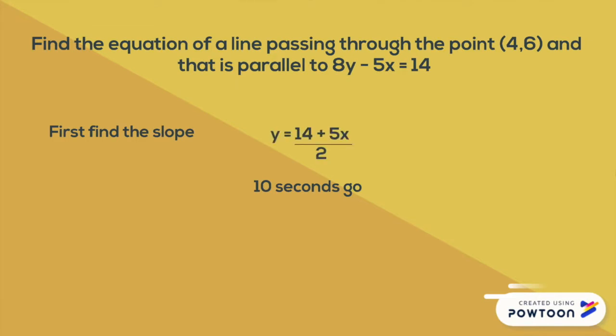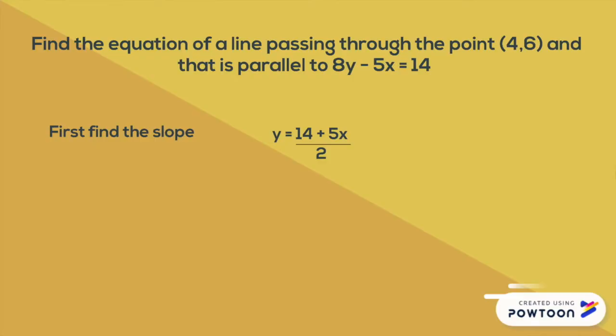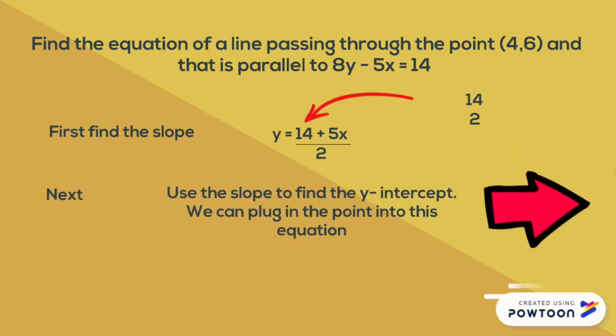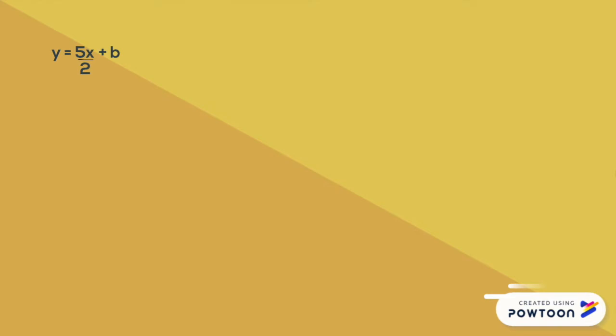Tick tock, tick tock. Okay, so as you can see, there's 14 over 2, but you can ignore this part because it's not the final answer. Okay, next, you use the slope to find the y-intercept, which is 5x over 2.